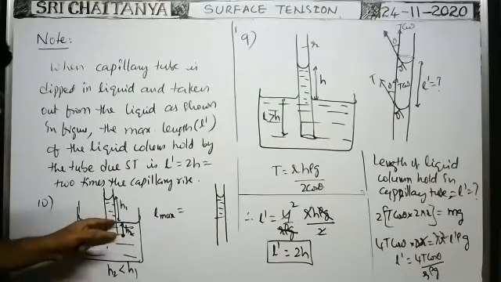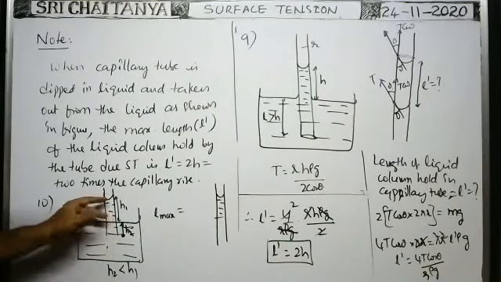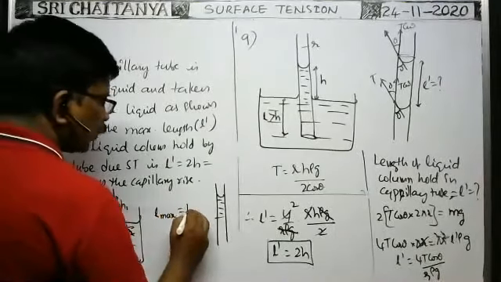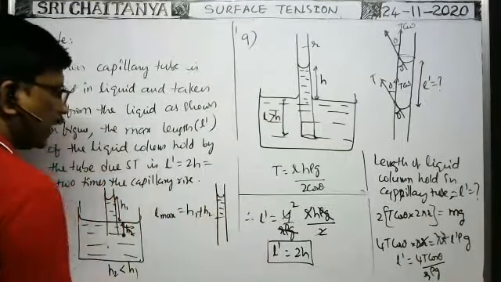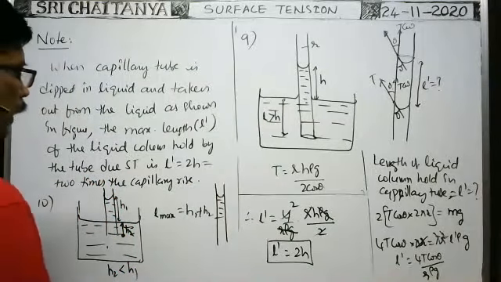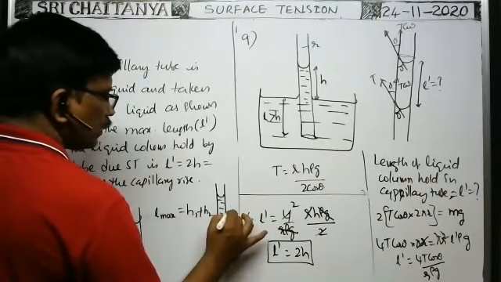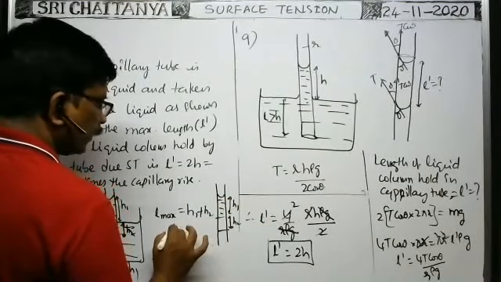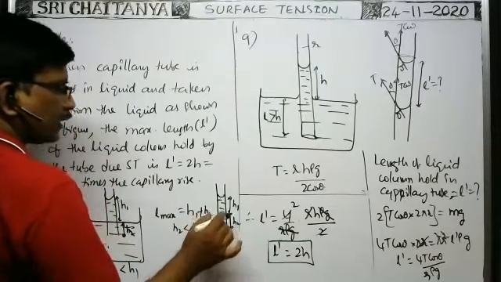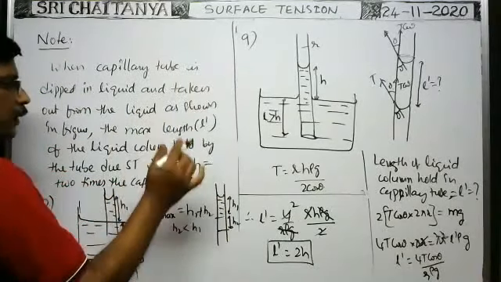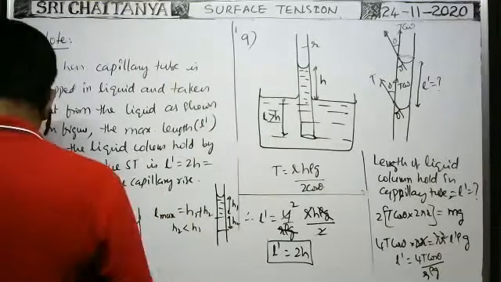That's why the length of the liquid column in the capillary tube is less than this one only. That's why the total length held is H1 plus H2, because this is H2, this is H2, this is H1. So here H2 is less than H1. In such a case, the total length of the liquid column that can be held by the capillary tube is H1 plus H2.